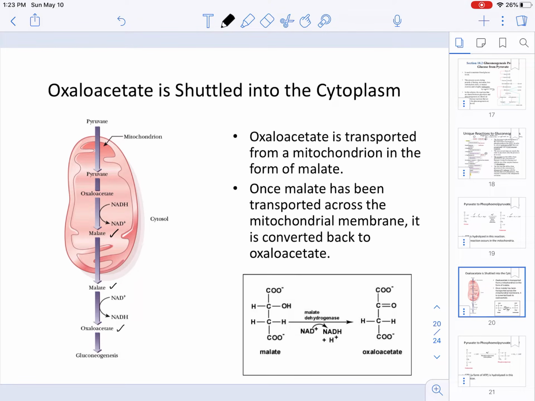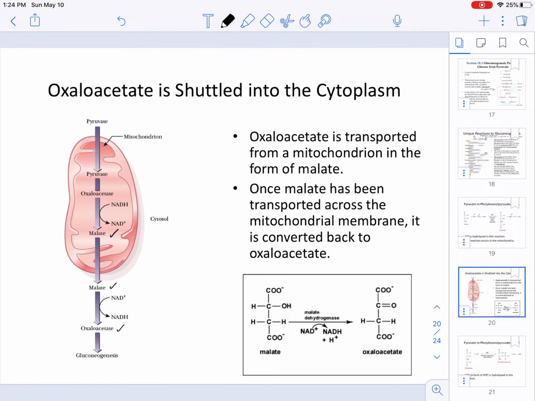Malate, understand that it is the molecule that can be transported through the mitochondrial membrane and then is converted back to oxaloacetate. So you may be asking yourself, why is it that we need this molecule? If we remember from the process of glycolysis, we are going to be generating NADH.